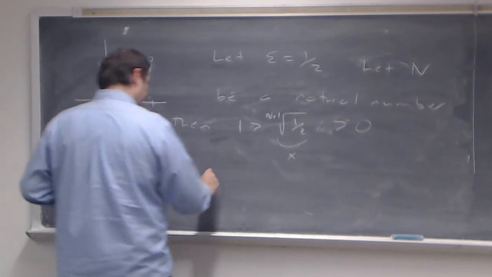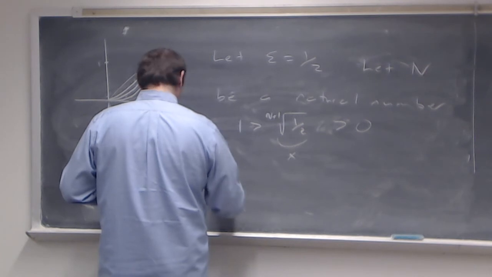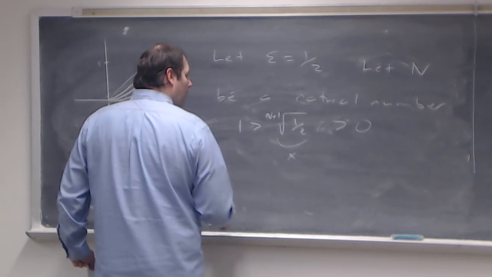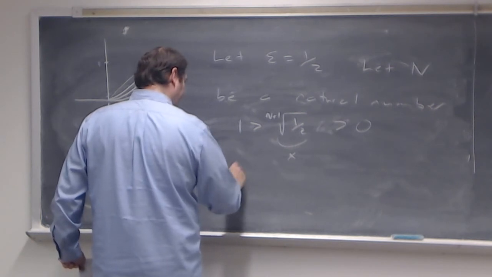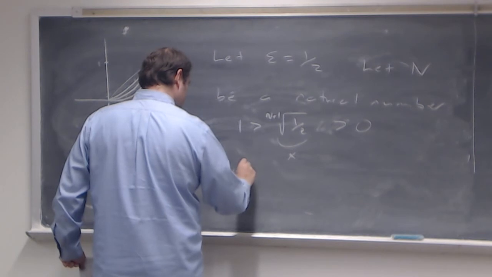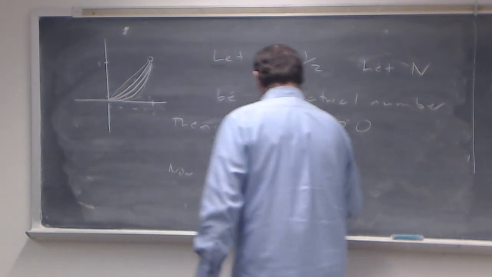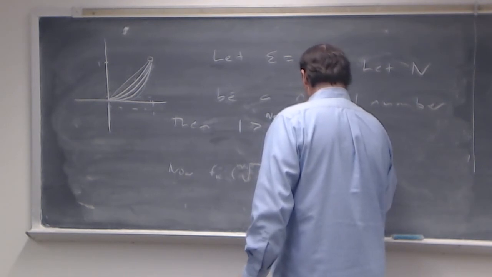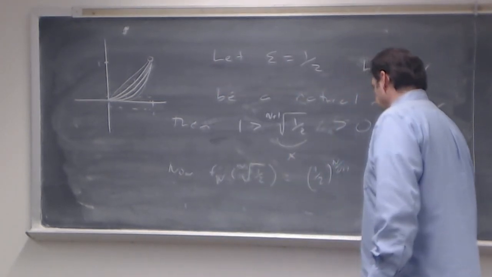Now, those particular x's, as you get big enough, f sub n plus 1 acting on this guy, f sub n acting on this guy, will be equal to 1/2 raised to the n over n plus 1.